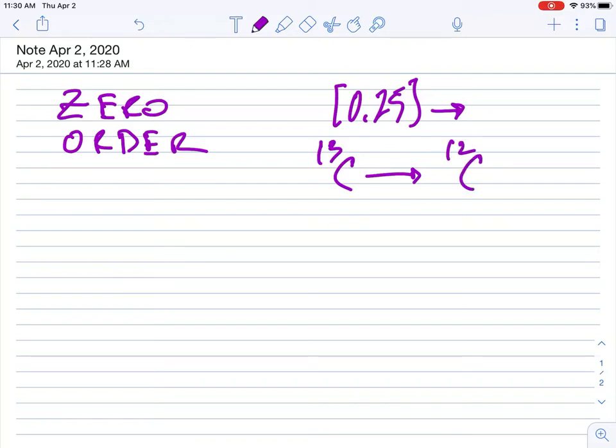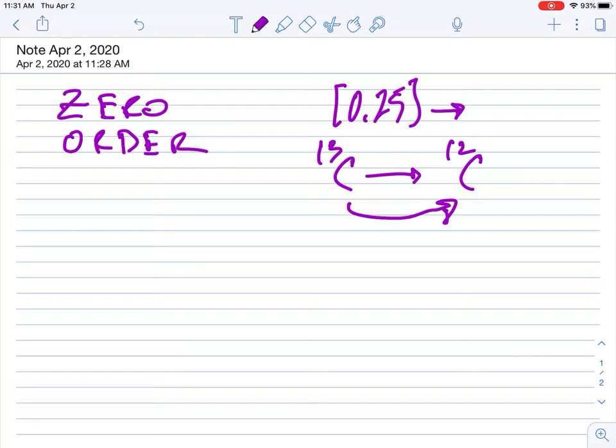If you know how much carbon-13 there was in the beginning, and how much carbon-12 there is in the sample, then you know how long ago that organism was alive, because once it dies, it's no longer taking in any more carbon-13. So it's a handy way to figure out the age of certain substances. If you can figure out the process on one of them, it works the same way.